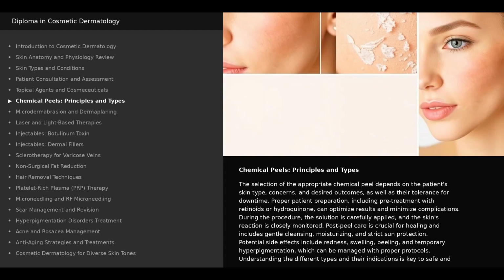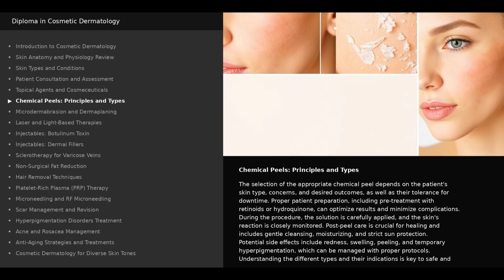The selection of the appropriate chemical peel depends on the patient's skin type, concerns, and desired outcomes, as well as their tolerance for downtime. Proper patient preparation, including pre-treatment with retinoids or hydroquinone, can optimize results and minimize complications. During the procedure, the solution is carefully applied, and the skin's reaction is closely monitored.